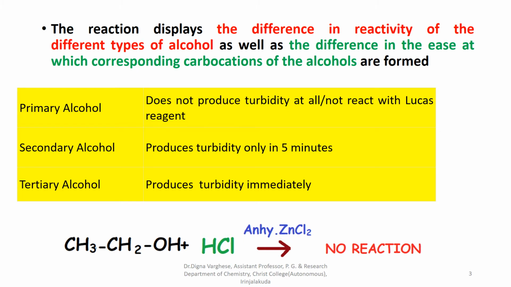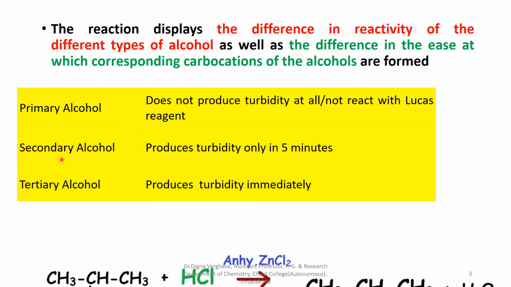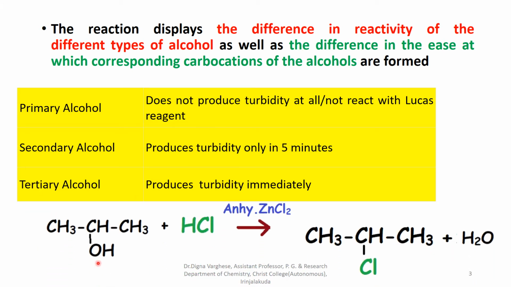Another reaction is the Lucas reagent with secondary alcohol. What happens to the secondary alcohol? Here you can see a secondary alcohol. What is a secondary alcohol? A secondary alcohol is an alcohol in which the hydroxyl group containing carbon atom is attached to two other carbon containing groups or substituents.